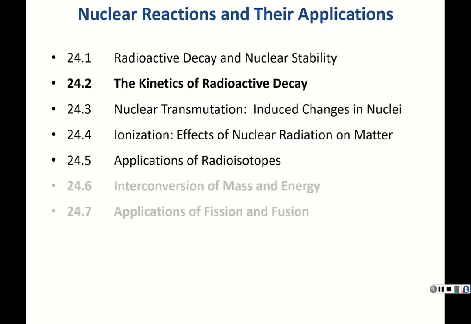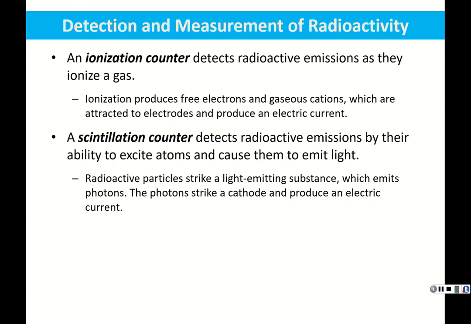Okay, moving on to section 2, the kinetics of radioactive decay. In this section, we'll go through some of the mathematical calculations that you can do in radiochemistry, or radioactive chemistry. What you typically use in a lab is something called an ionization counter, and there are different types of these that can detect radioactive emissions as they ionize a gas that's in the detector.